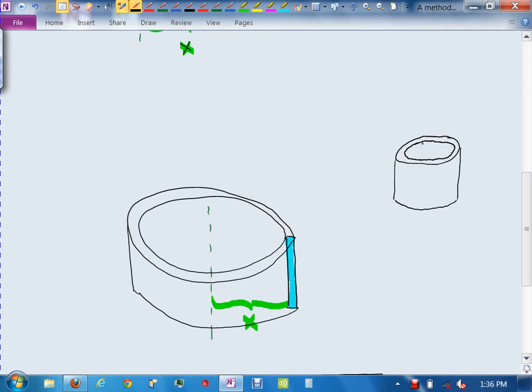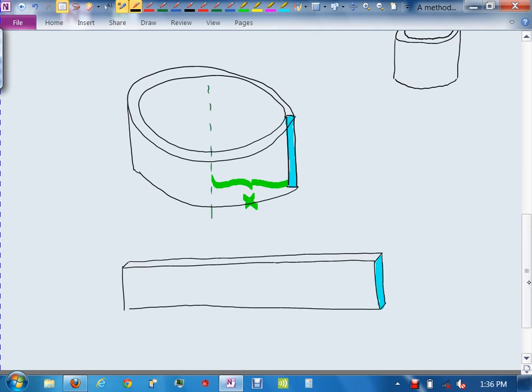What's the volume of this? Now it looks like this, laid out. And that's basically like a three-dimensional rectangular box. The technical name of a three-dimensional rectangular box is a parallelepiped.